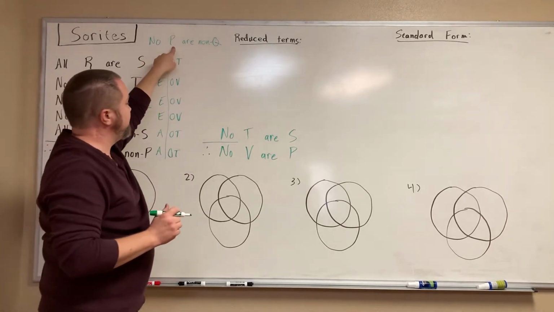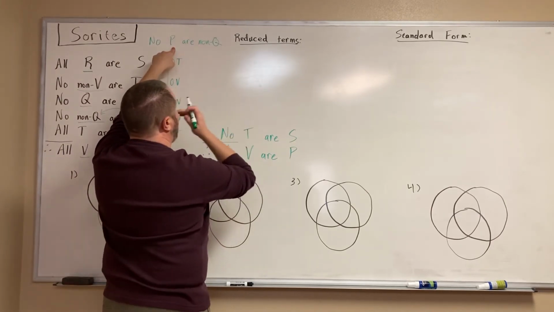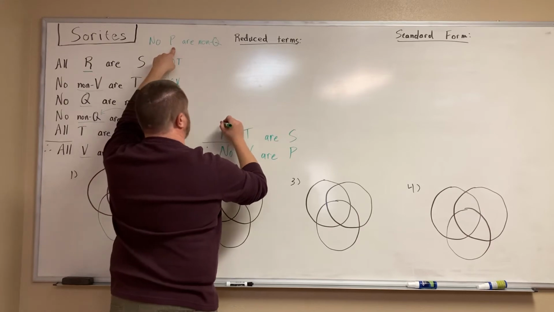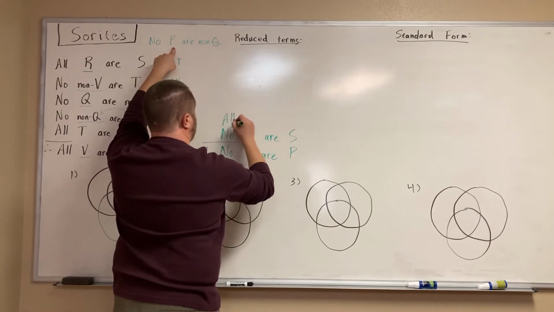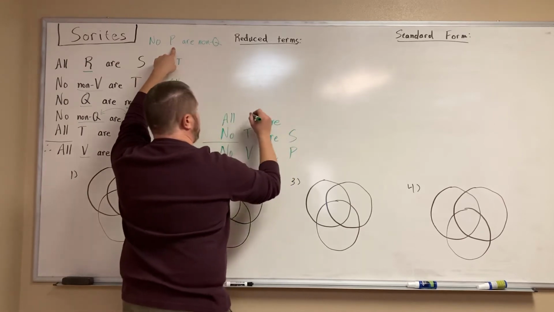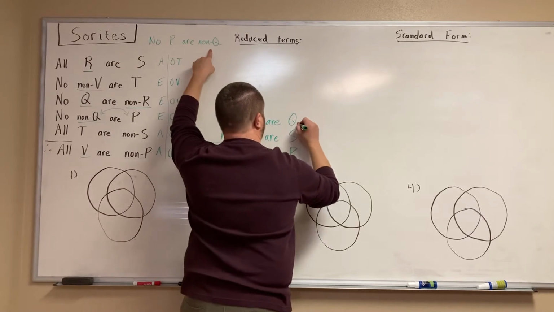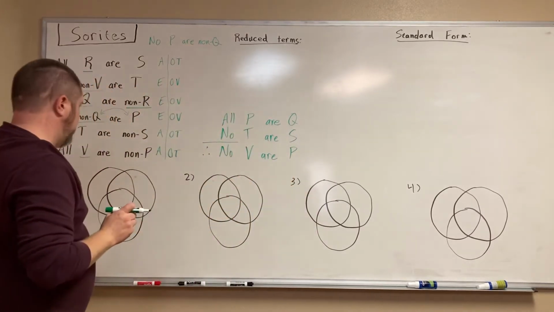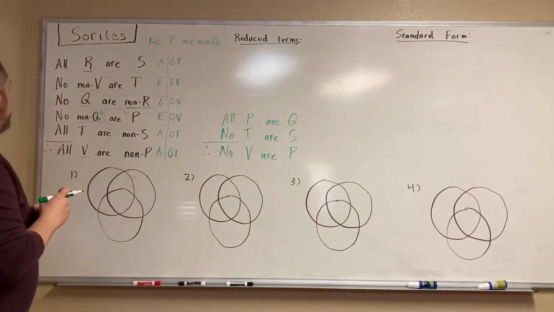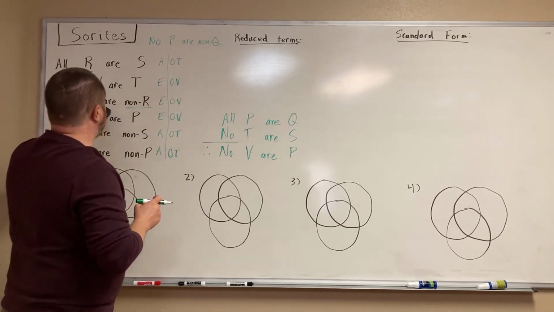And then I'm going to take this statement and do obversion on it. So the quality is going to switch. So it's going to be all R. P is going to stay the same, and we're going to complement non-Q. So I'll erase those now.